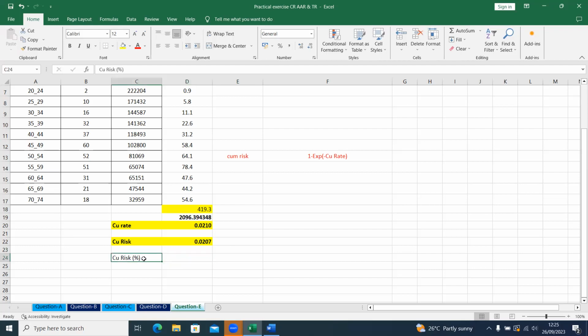To present cumulative risk in percentage, just multiply by 100. So 2.7.